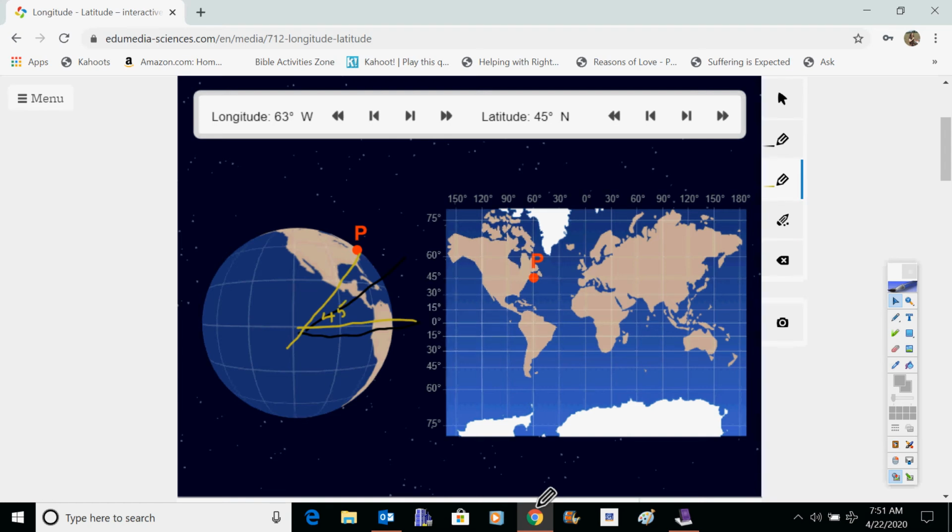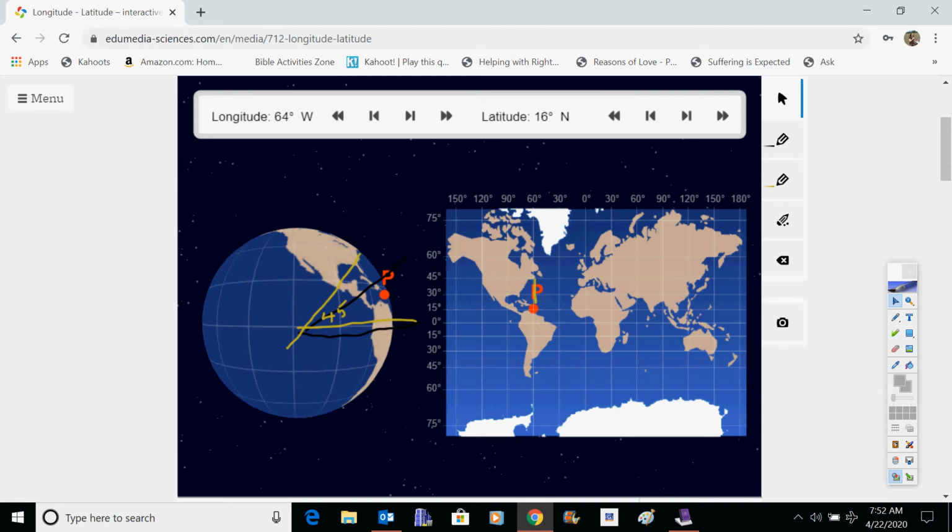And then you go all the way up, and the very tip top of the world would be at 90 degrees. So that's where we're getting our 15, 30, 45, 90 as we go up and down.